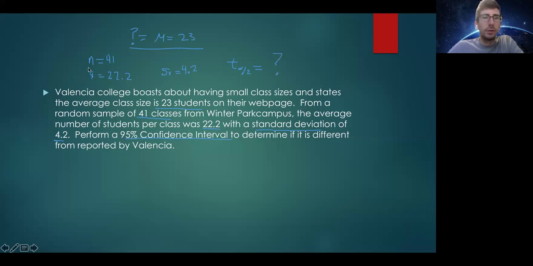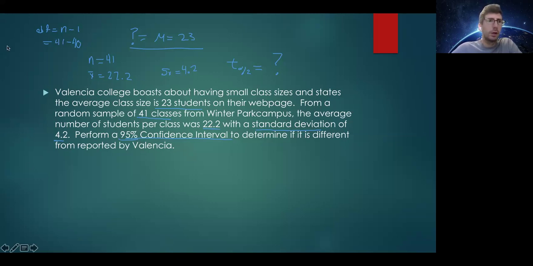So how can we find this? Well, we can go back one slide to our t-table. Our sample size is 41, so our degrees of freedom will be equal to n minus 1. So 41 minus 1, we have 40 degrees of freedom. And we know our confidence level is 95%. This was given to us from the problem.